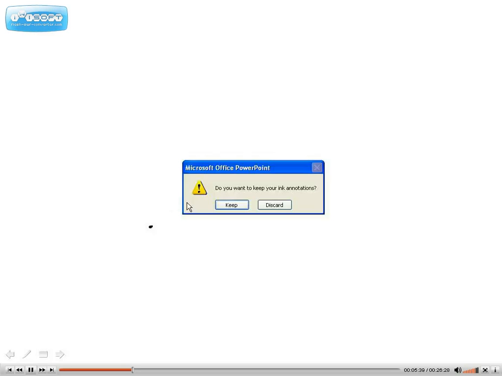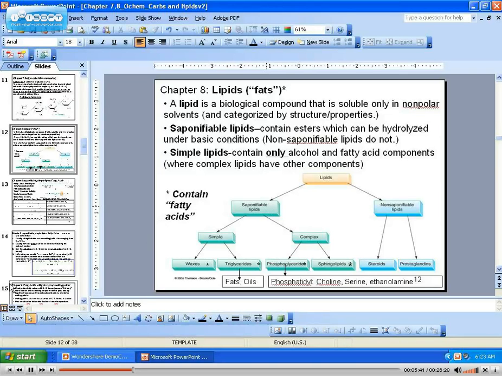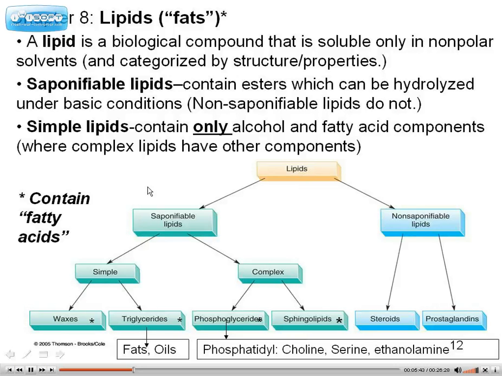So let's go back to our slides. Saponifiable lipids contain an ester. This can be hydrolyzed under basic conditions, such as with a base. I should also point out that it's not just esters that are classified as saponifiable, but anything containing an acid, such as fatty acids.